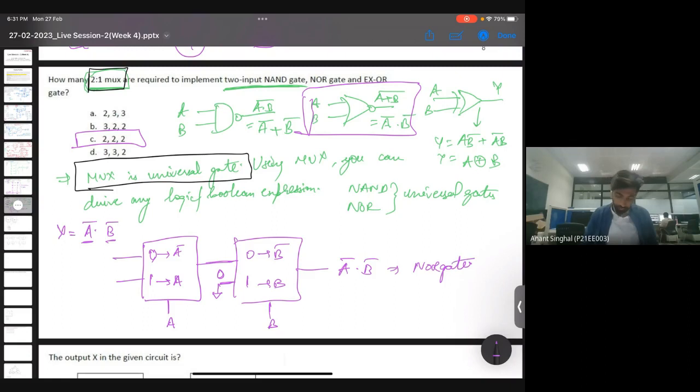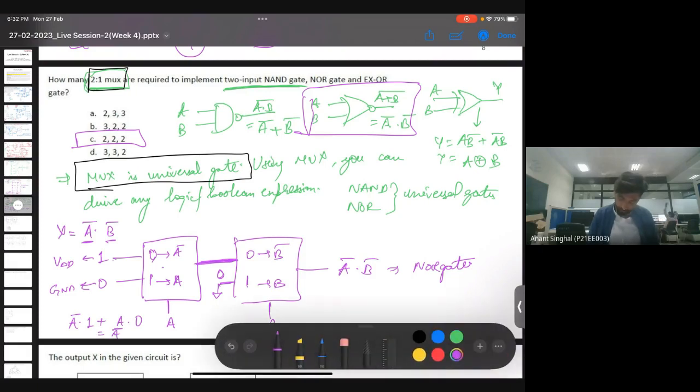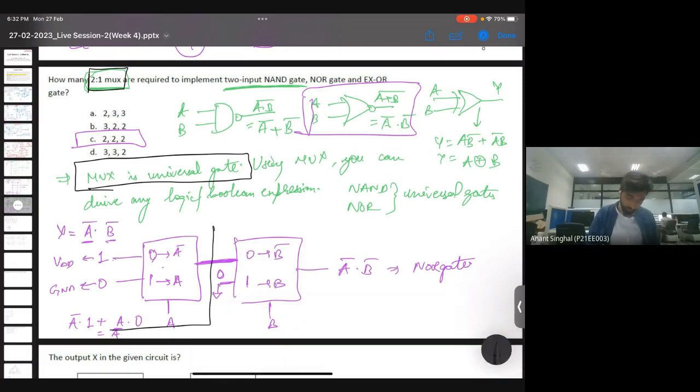Let's see how we can do it. To get the output A bar from this mux, we need to give 1 and 0. This 1 corresponds to VDD and the 0 corresponds to ground. So it is A bar into 1 plus A into 0, which ultimately gives A bar. The output of this section is A bar.